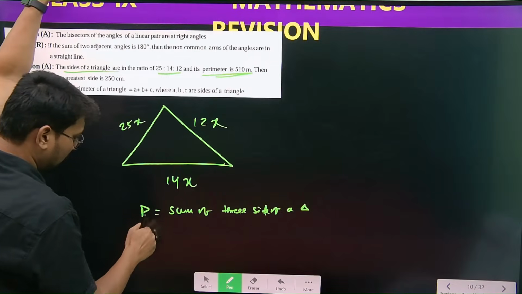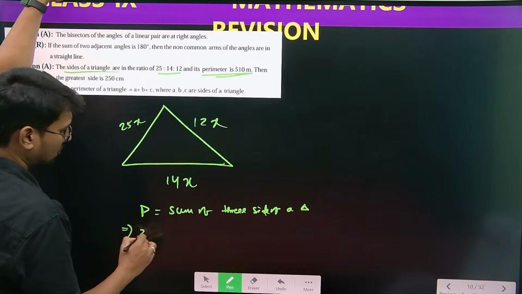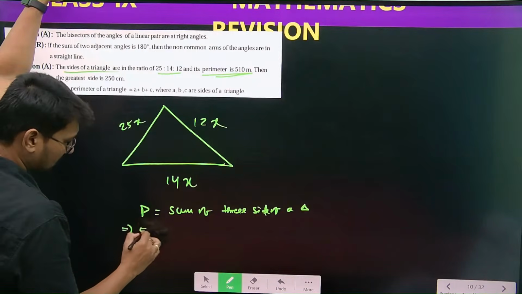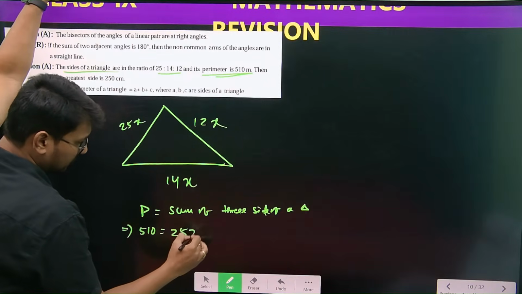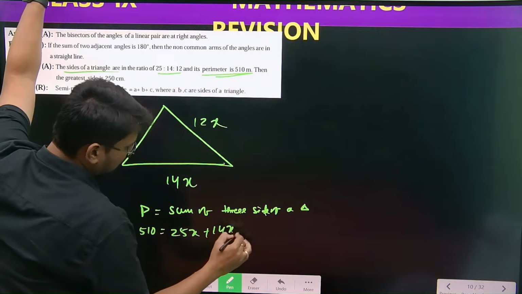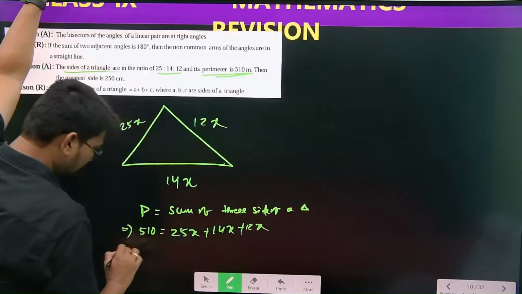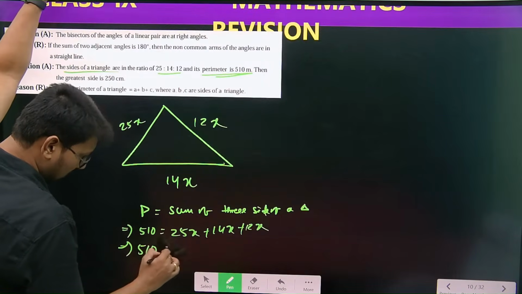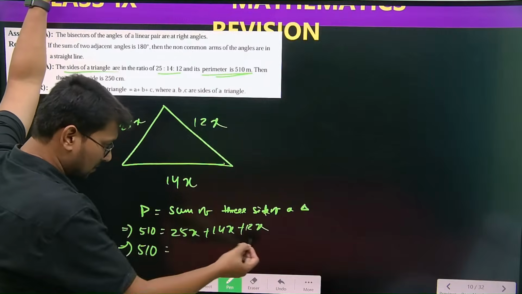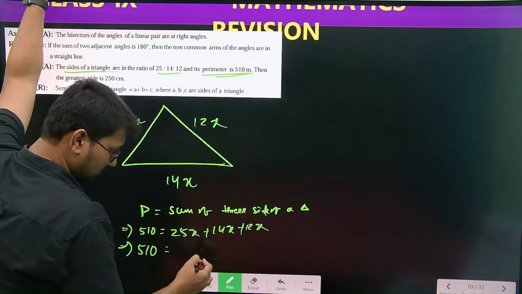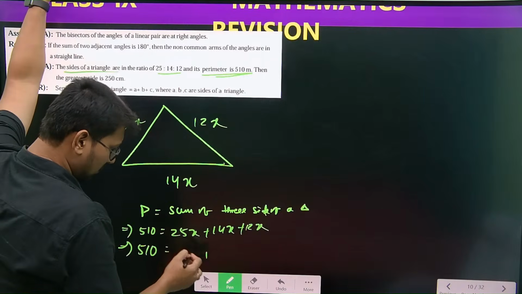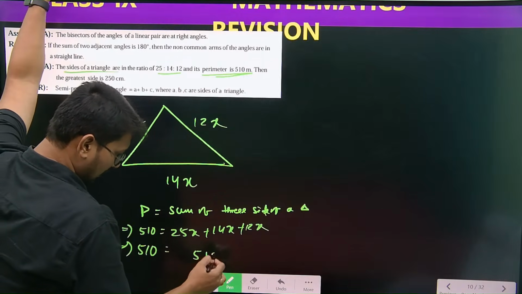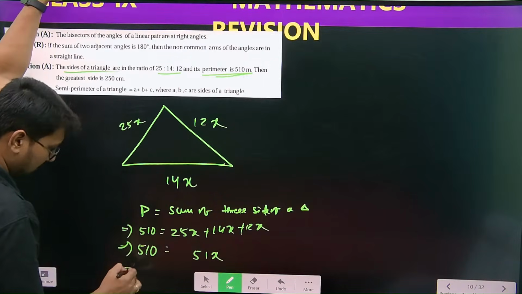So the perimeter given is 510. 510 equals the sum of the three sides, meaning 25x plus 14x plus 12x. So 510 equals 25 plus 14 plus 12, which is 51x.